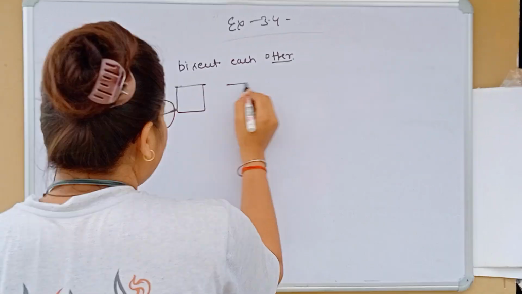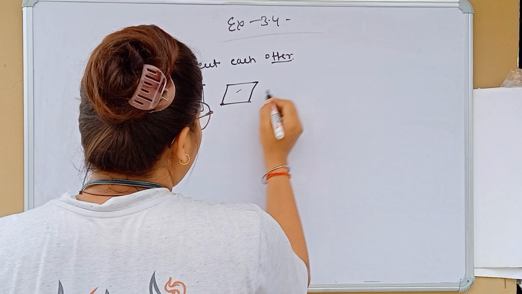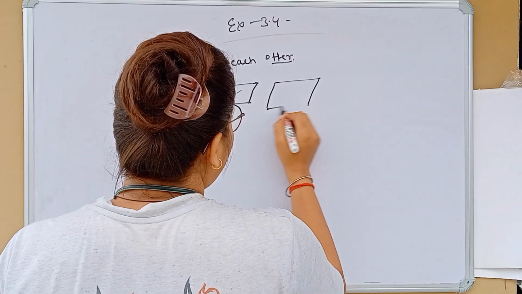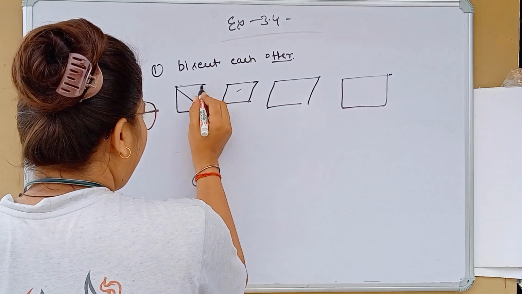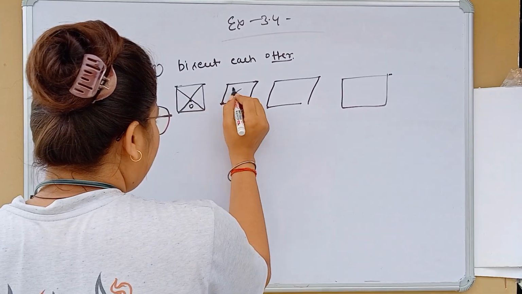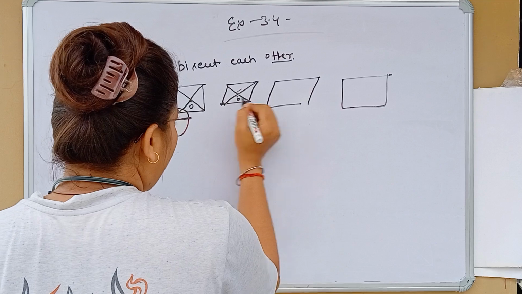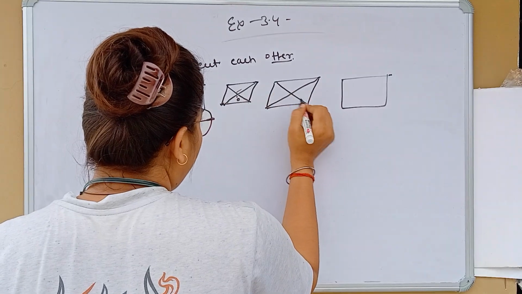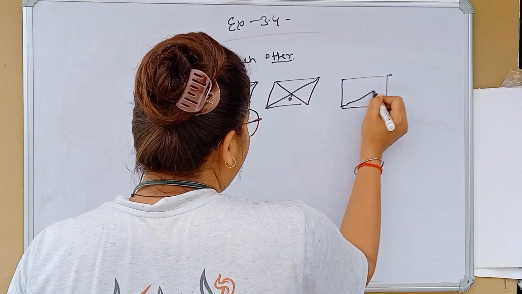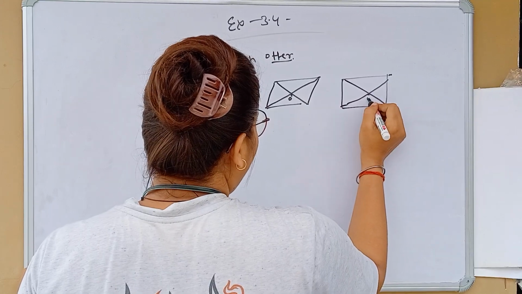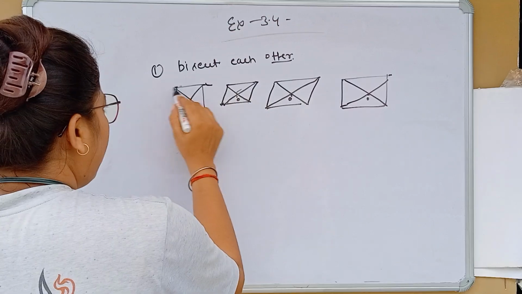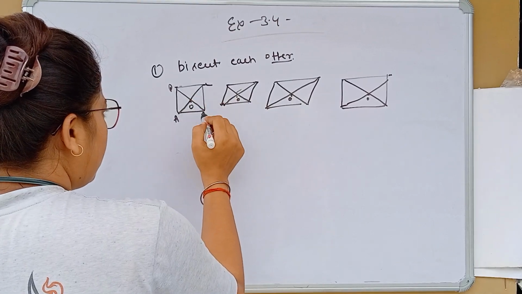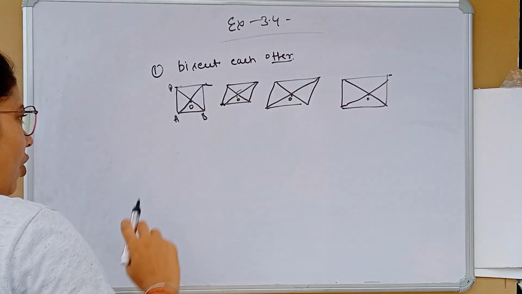That is square, that is rhombus, this is parallelogram, this is rectangle. So in all these figures we can say the diagonals bisect each other. Okay, that is point O. If we name the quadrilateral A, B, C, D, then OA is equal to OC, OB is equal to OD, which follows in our quadrilaterals.